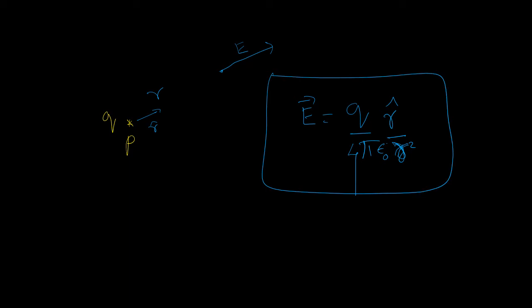Now, whenever two charges are there, what is the electric field at any point? Let me say two charges are present here, Q1 is here, Q2 is here. Then you want to find the electric field at this point.